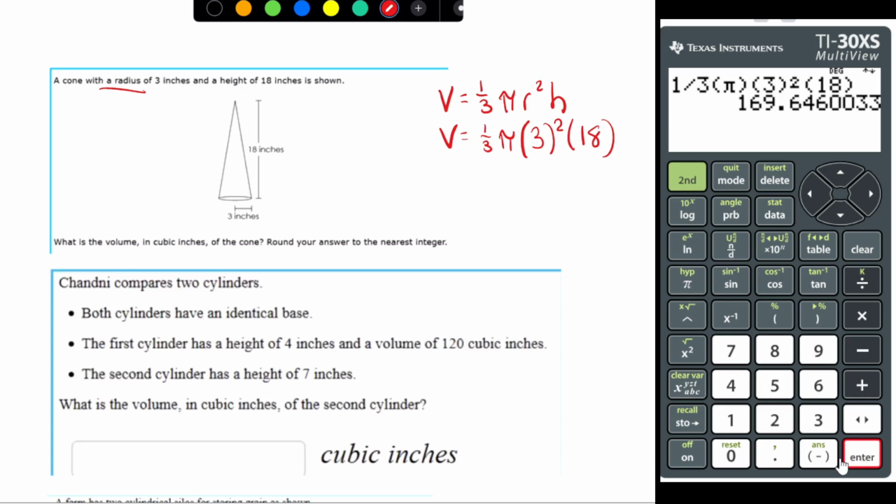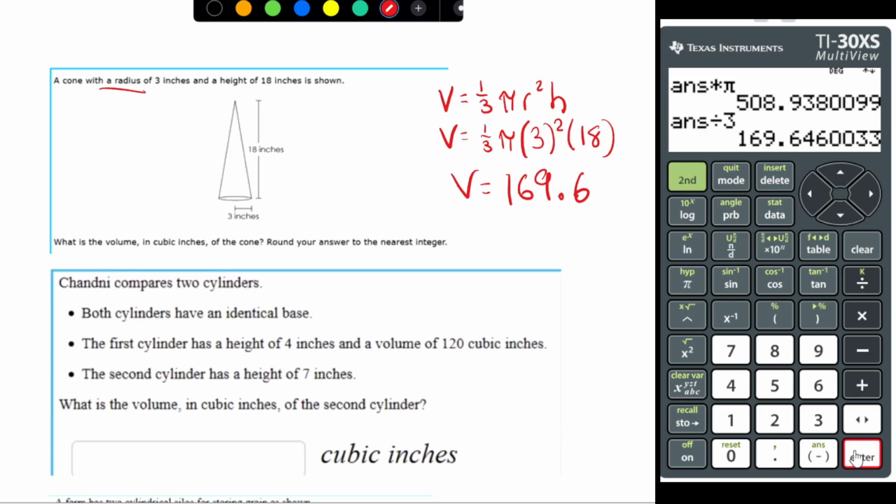That gives you 169.64. Let me make sure this did the calculations right. Times 18 times pi divided by 3. Yeah, 169.6.